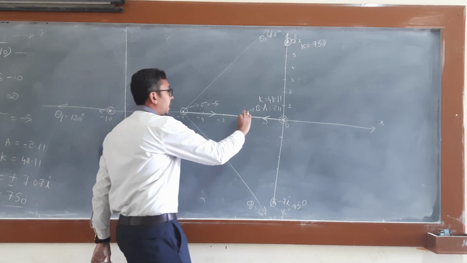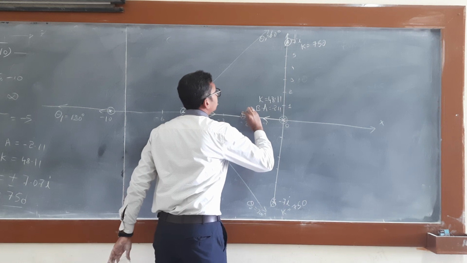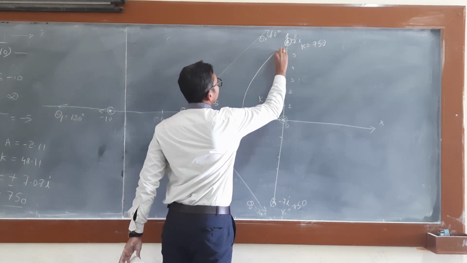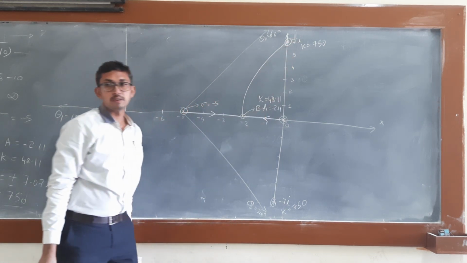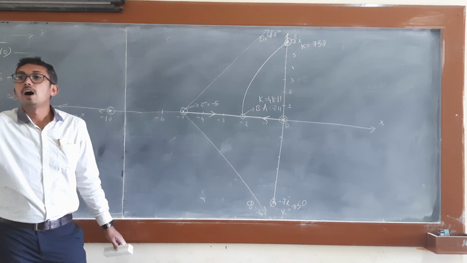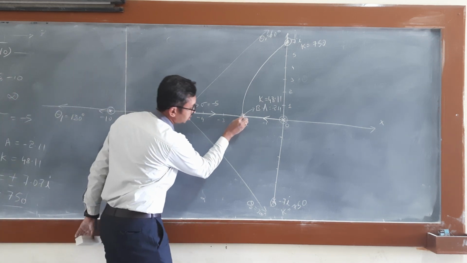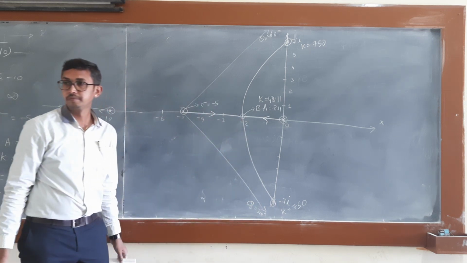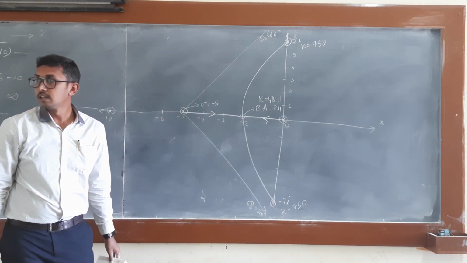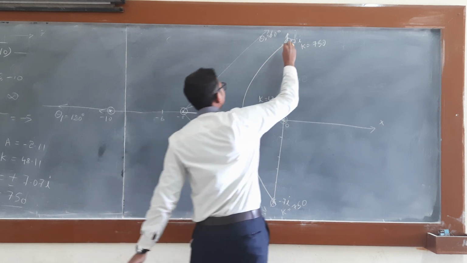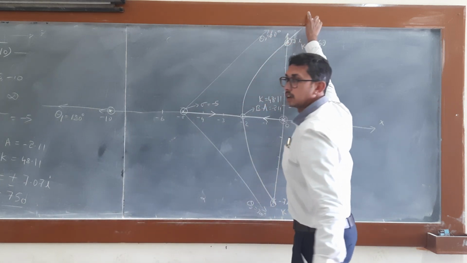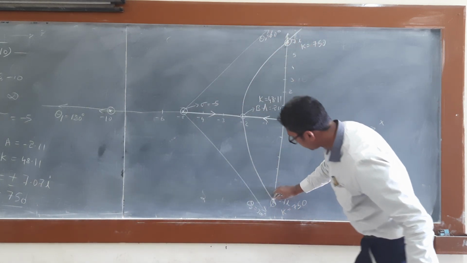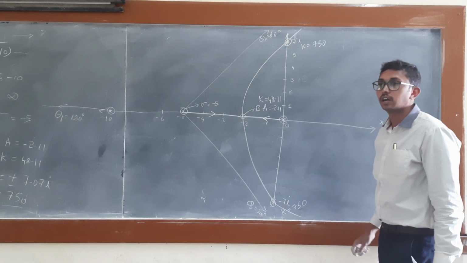One of the branches is going to break and reach plus 7.5. Another branch is going to reach minus 7.5. Thereafter it follows the asymptote.